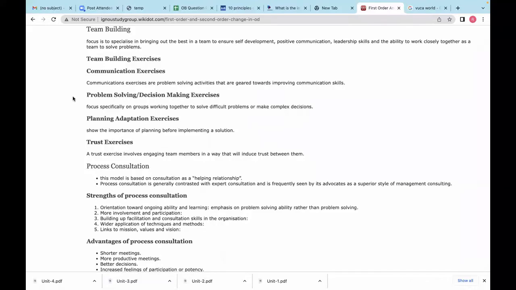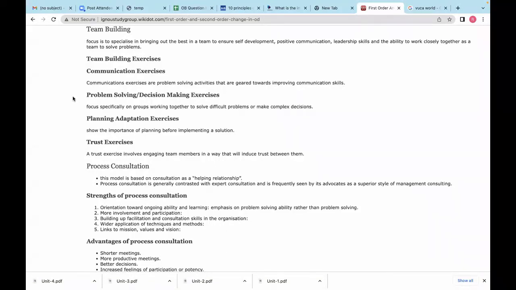The second type of exercise is problem solving and decision making. You're going to tell the team how to solve a problem, how to make a decision. Third, planning adaptation exercise. So basically, you are telling how important it is to plan together, and you also tell how to plan together, how to implement a particular solution together.